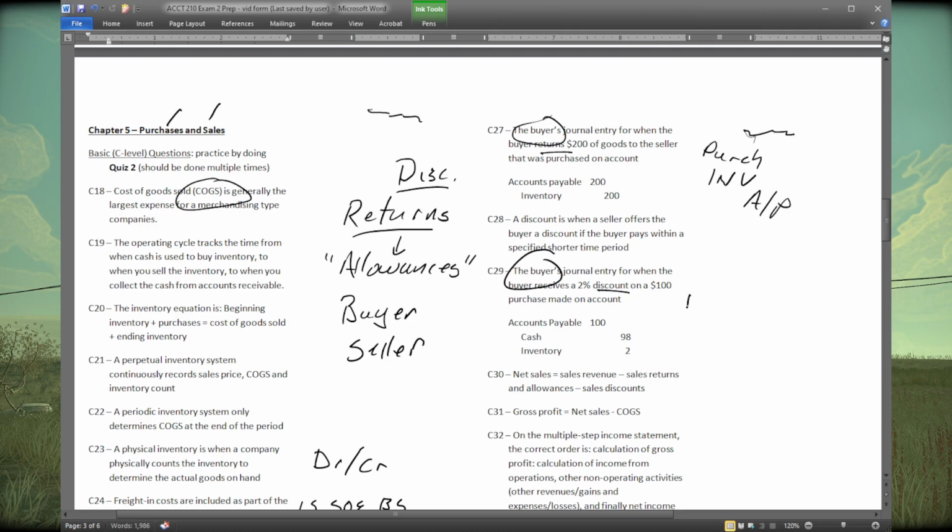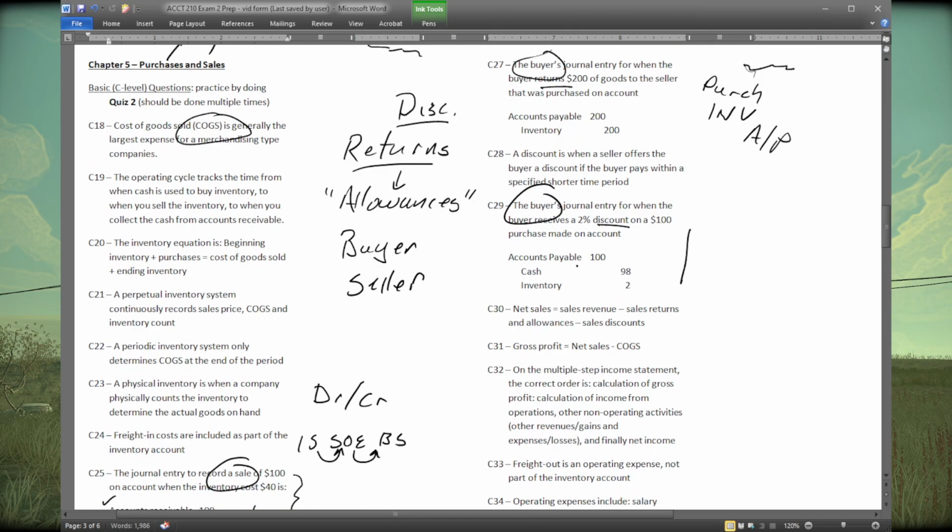The tricky thing on the buyer's journal entry for a discount is to remember that whatever our account was, we're going to mark off the full accounts payable. But if we got a 2% discount on $100, that's $2. But we're not going to write the word discount here. We're going to mark this down from inventory.